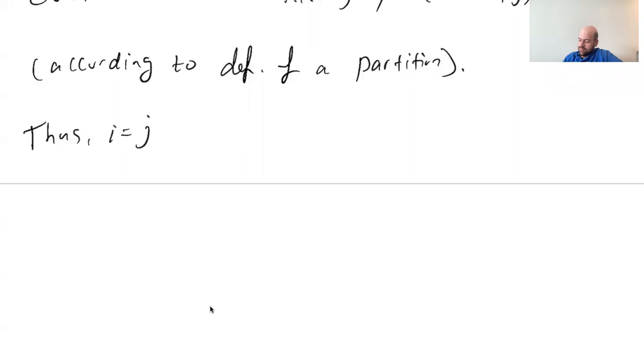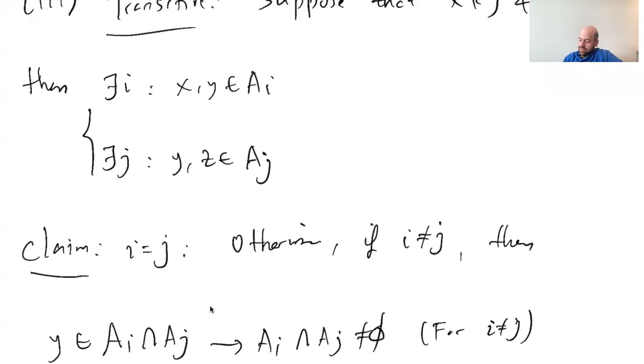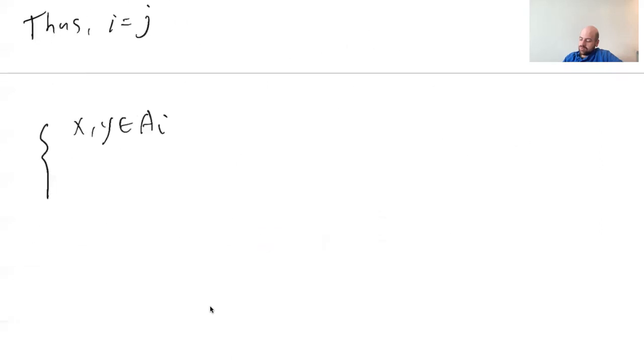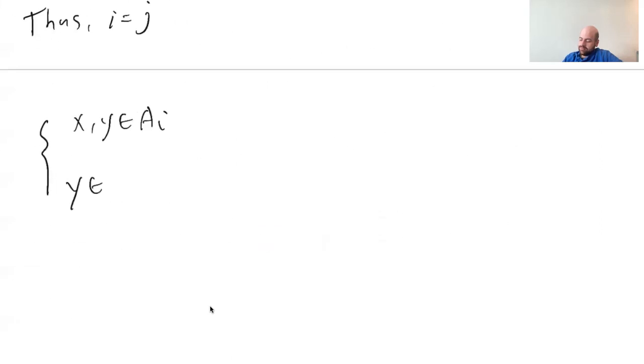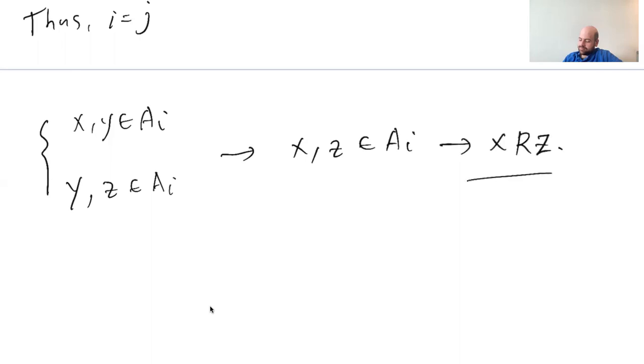Now what did I have? Remember we had X and Y in AI, and Y and Z were in AJ, but I proved that I is equal to J. So that means Y and Z also in AI. Well, this means that these two together mean X and Z in AI. And therefore we can say that X is in relation with Z. Right?